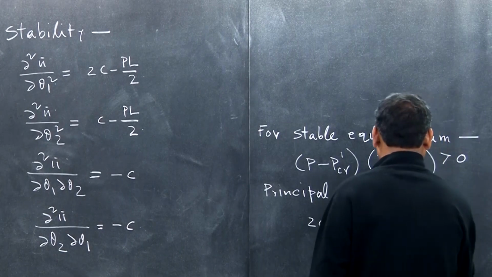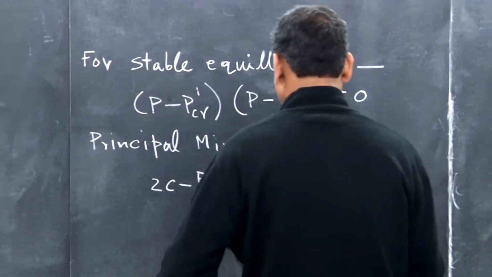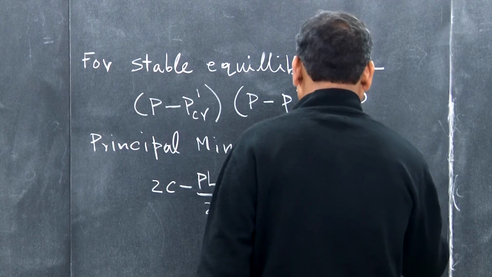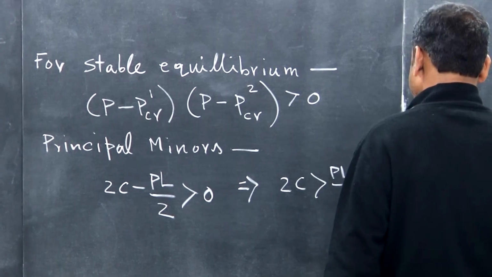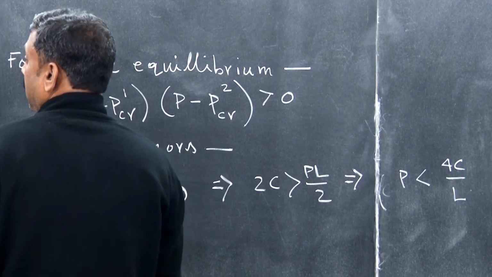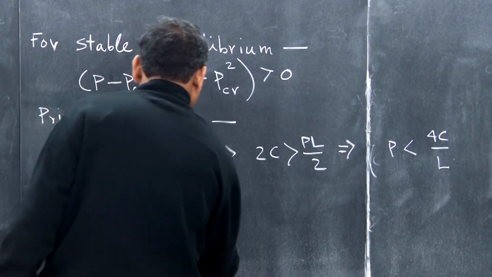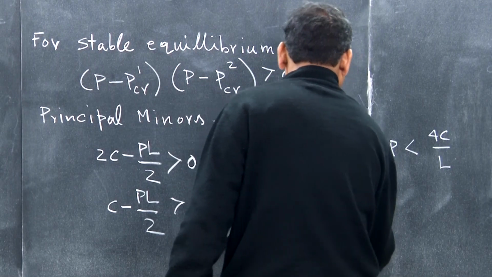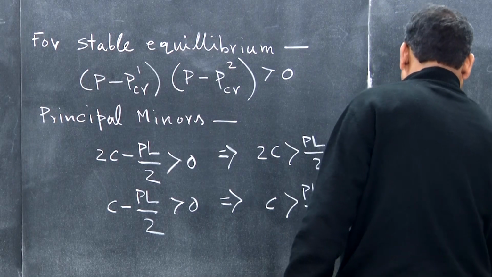This implies that 2C is greater than PL by 2, or P must be less than 4C by L, right? And the other one is C minus PL by 2, right? Must be greater than 0. So, here it is C greater than PL by 2, or P less than 2C by L. Understand that?